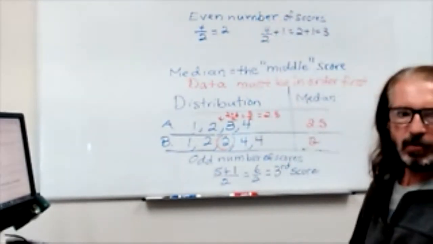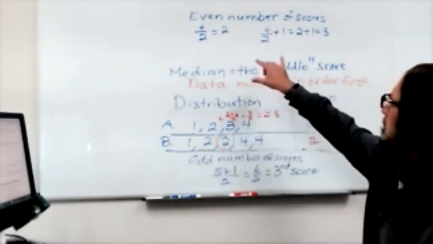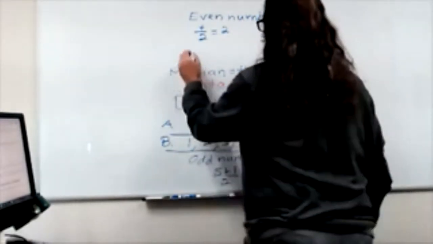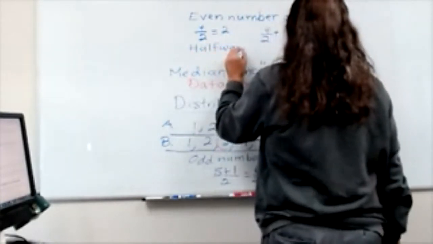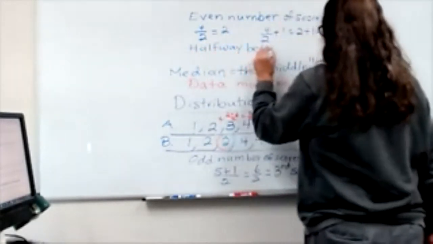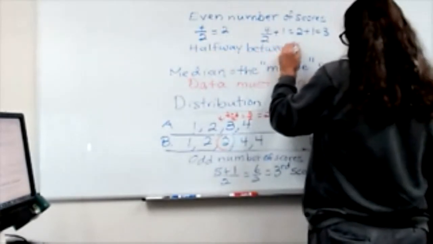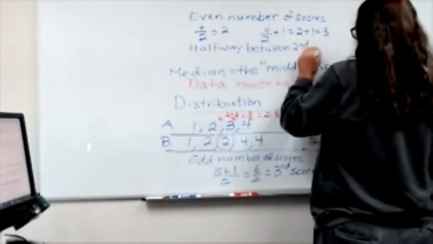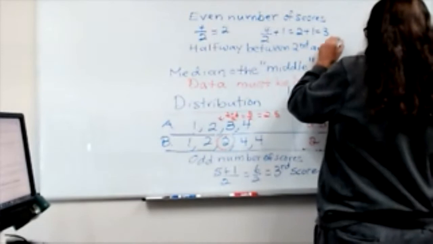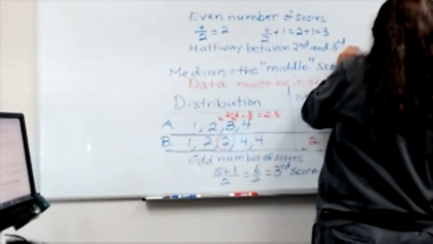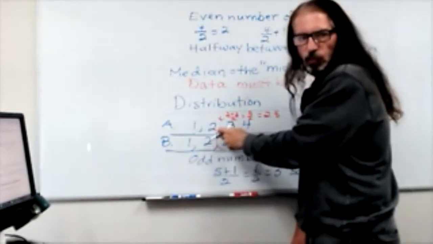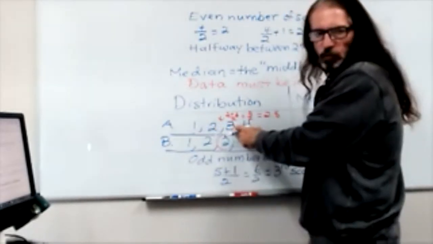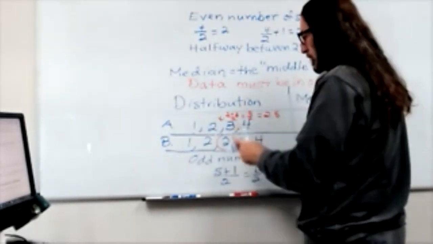And then they tell you to go halfway between the second and third scores. Which is precisely what we did. The second score was 2, and the third score was 3. We went halfway in between.